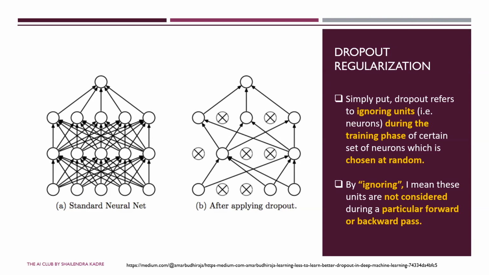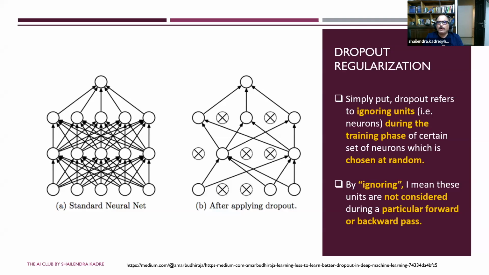So now the catch here is how many neurons I should remove. And these neurons, I'm telling you, are removed randomly. We choose them randomly. And we do it during the training phase, when we do the forward pass or backward pass. At that time we do the shutting off of neurons.